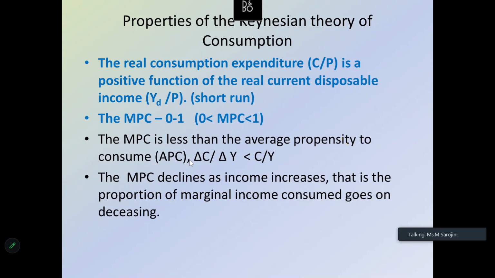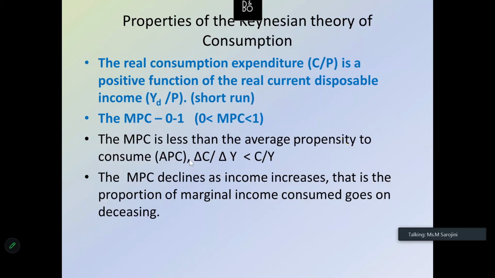Therefore, the MPC lies between 0 and 1, and the average propensity to consume is higher than the marginal propensity to consume. And the MPC declines as income increases; that is, the proportion of marginal income consumed goes on decreasing.